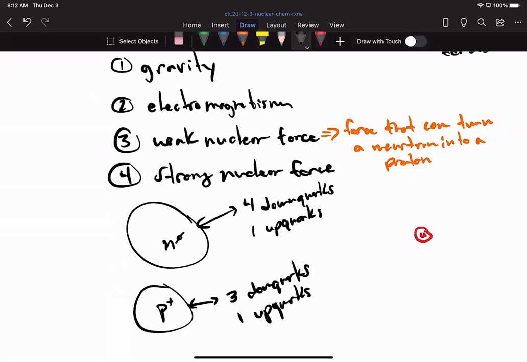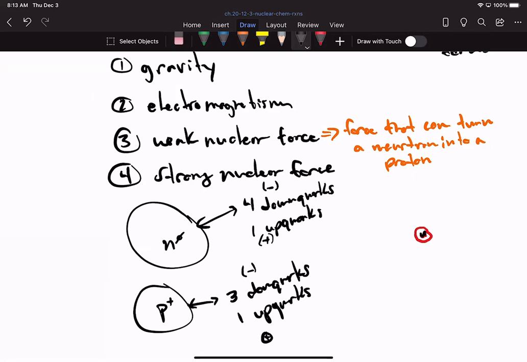So I'm going to try and make this represent an up quark here. Up quarks are generally positively charged, so I'm just going to put a positive charge here, and the down quarks generally have a negative charge. Don't think of it as being unbalanced or balanced. There are enough down quarks here with enough negative charge to balance off this one up quark. It's not like one electron, one proton.